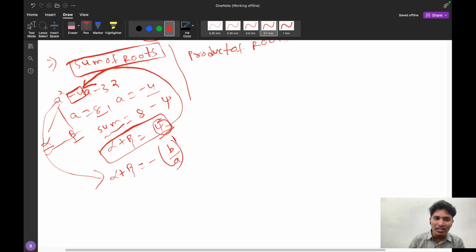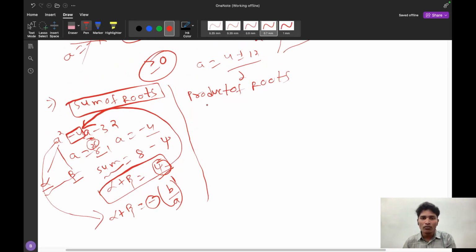For this equation, if you see here, minus b by a, what is the value here? Why I am writing like this? Because the sum of the roots I found is the coefficient of x value. That is, suppose if I take the a as x here, it is simply the coefficient. And by taking the negative sign outside, that is minus of b by a, it is a value. So alpha plus beta equal to minus b by a.